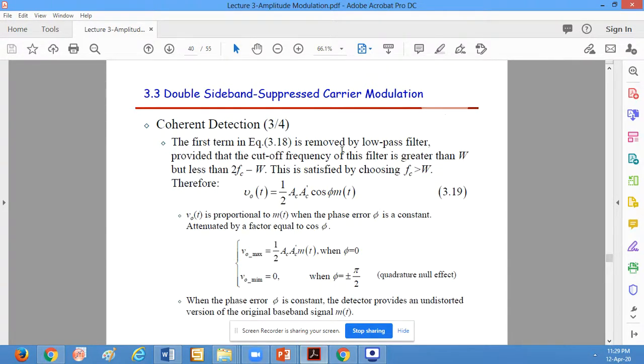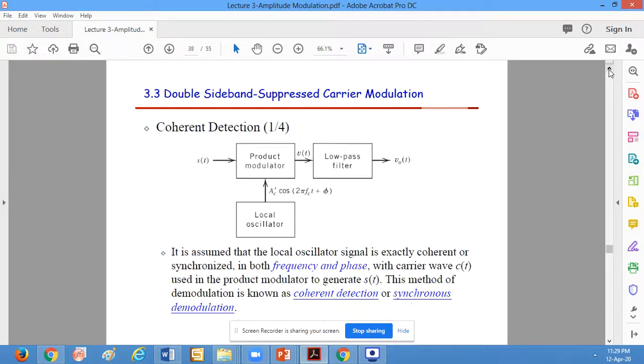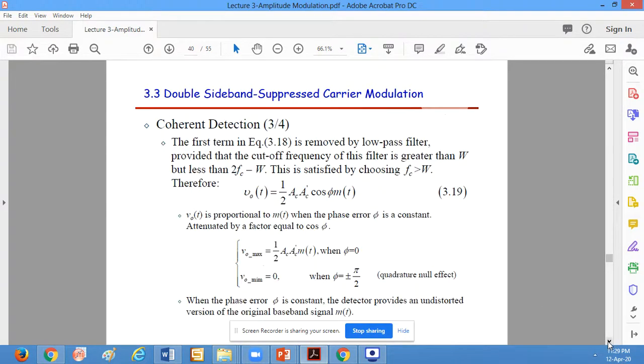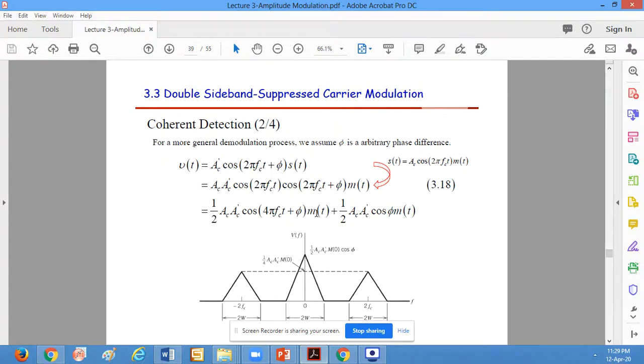The first term in equation 3.18, this is equation 3.18, is removed by the low pass filter. This is the term we are talking about. It will be removed by the low pass filter, and we'll have this as the output.